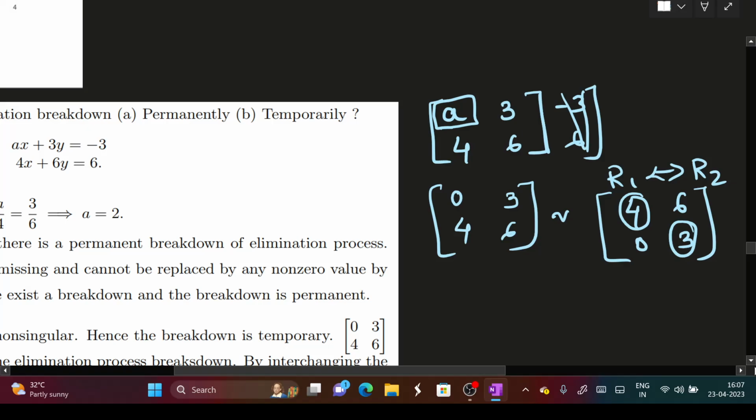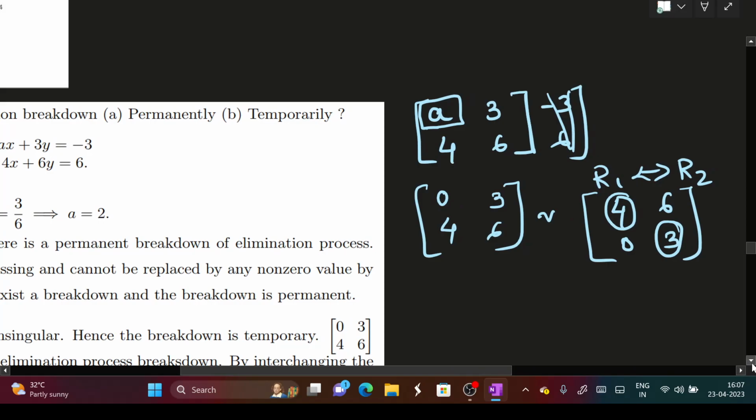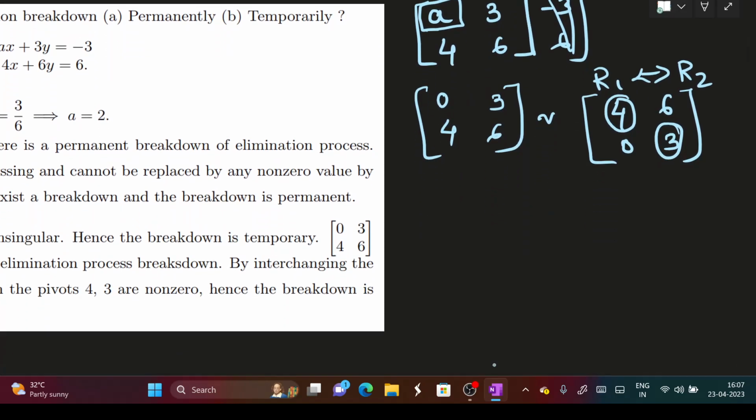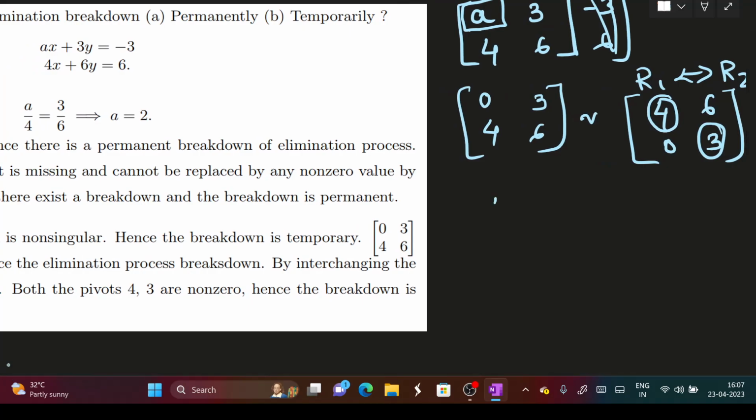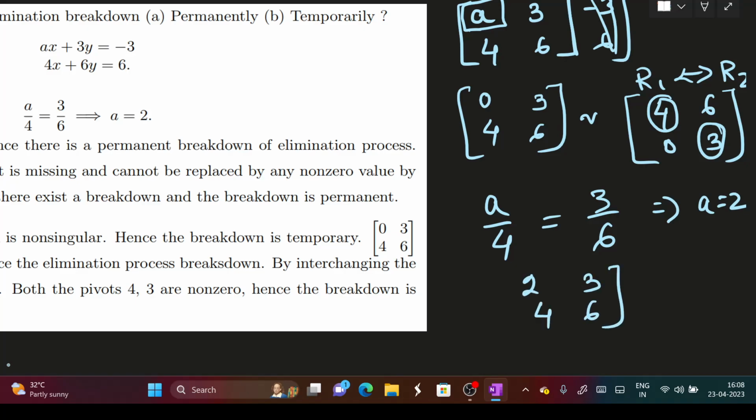But if a is equal to 2, how to get it? From again the condition of singularity, that is they are proportionate. a by 4 is equal to 3 by 6. In this case it will be singular. If it is singular, then the breakdown is permanent. So that means a is equal to 2. So 2, 3, 4, 6.